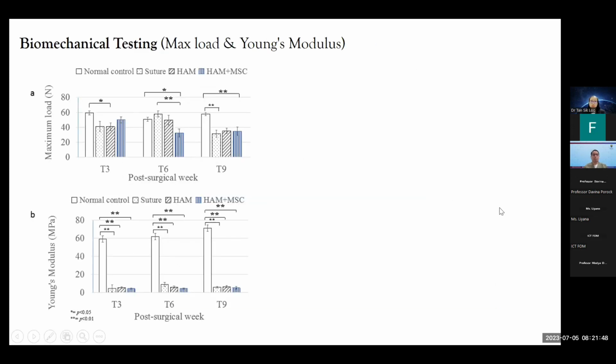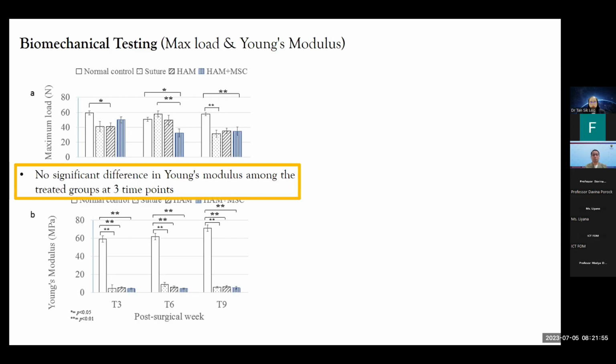And from the biomechanical testing, we observe no significant difference in the Young's modulus among the three treatment groups at 3 weeks, 6 weeks, and 9 weeks post repair.